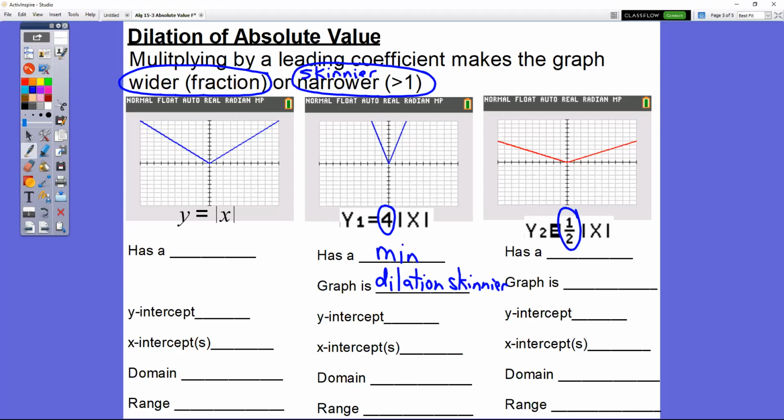The y-intercept, where it crosses the y-axis, is (0, 0). The x-intercept is the same thing, (0, 0). Domain, it goes on forever in both directions. So it's all real x. The range, it is everything from 0 on up. So y is greater than or equal to 0.